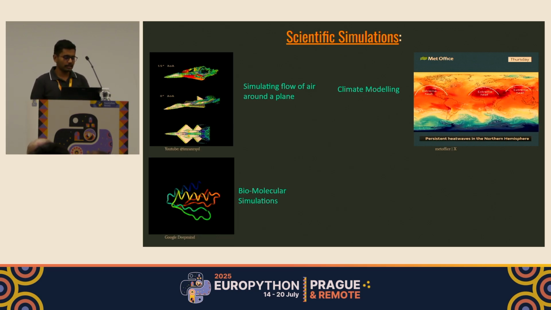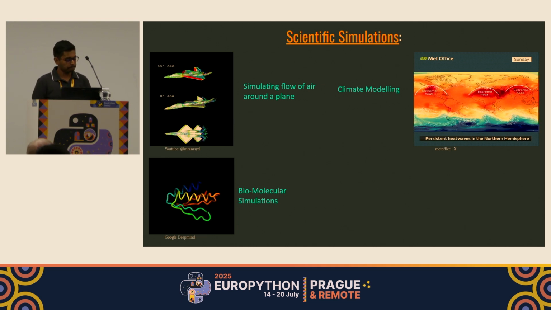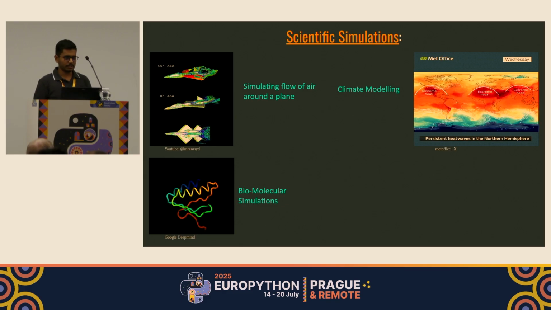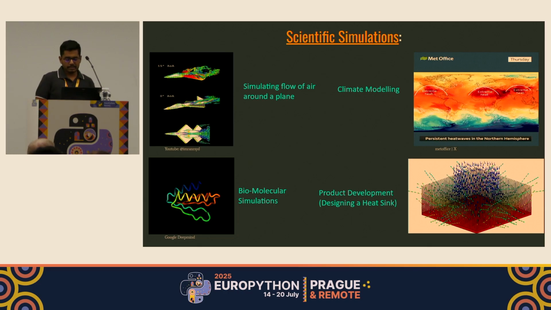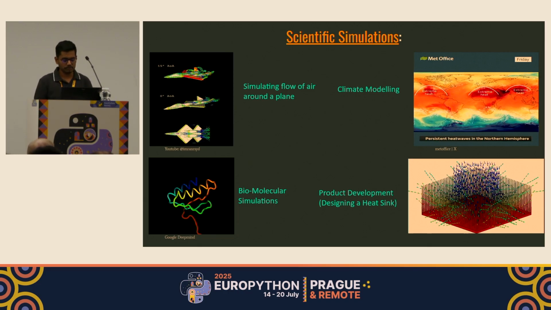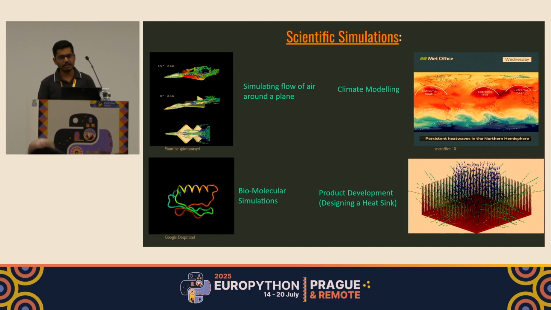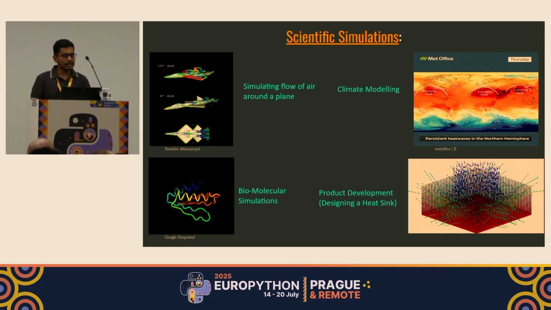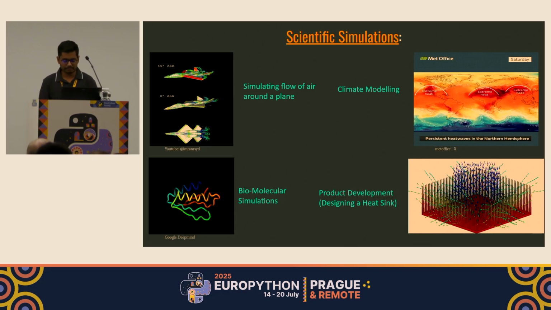Then simulating the dynamics of biomolecules is yet another important application. A lot of progress has been made in this area, mostly associated with Google DeepMind. And lastly, suppose an engineer wants to design the most perfect shape for a heat sink to efficiently dissipate the heat from an electronic device. He has to run multiple simulations before coming up with the perfect shape.